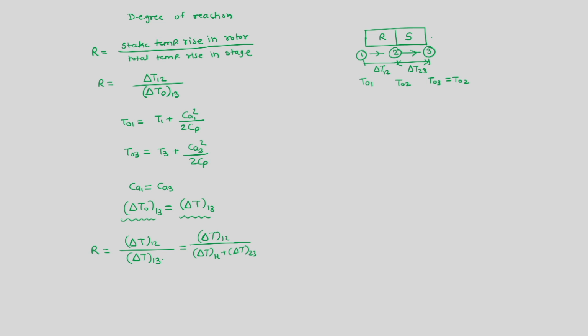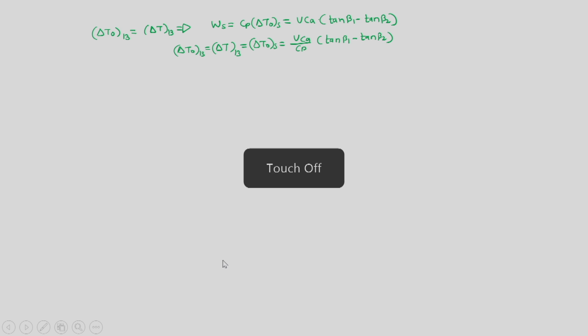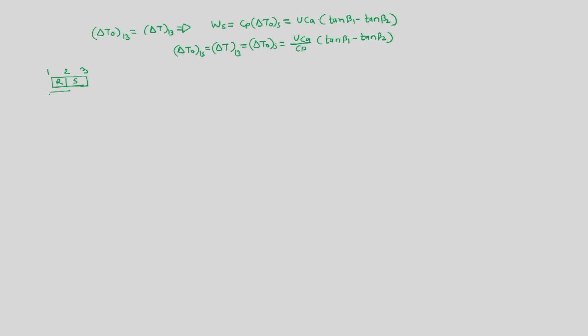Now we have the formula of R. We found the denominator, and we need to find the numerator. The numerator can be found by considering the energy equation between the rotor and the stator. This is the rotor, this is the stator, and these are stations 1, 2 and 3. Let us apply the steady flow energy equation between station 1 and station 2.